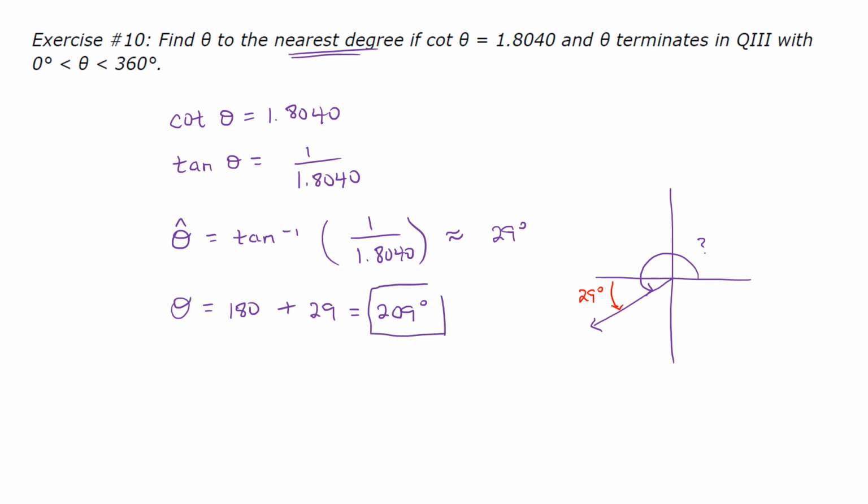To check this, we can substitute it for theta. So the cotangent of 209 degrees is going to equal 1 over the tan of 209 degrees. And you would roughly get 1.8040. Awesome. Great job.